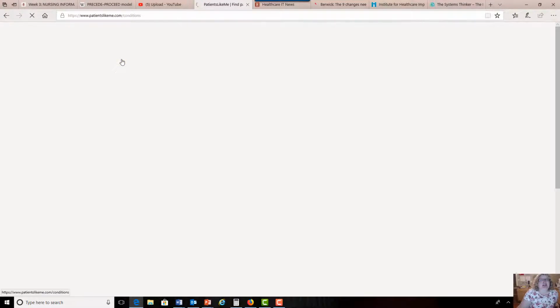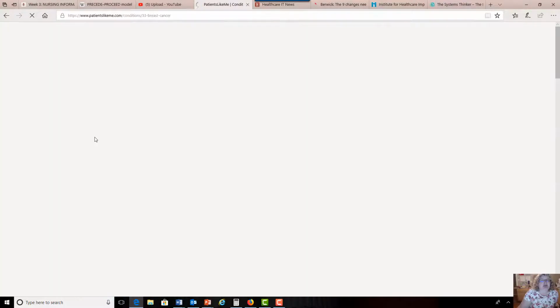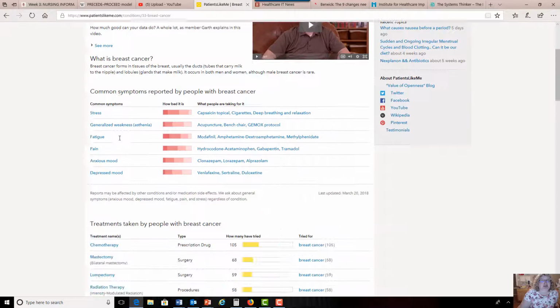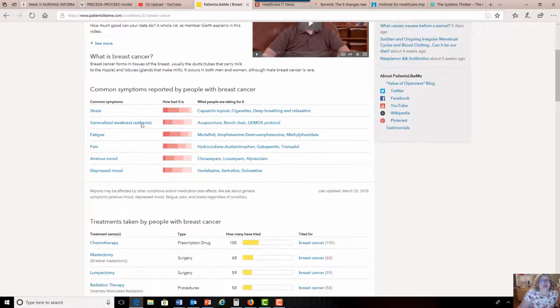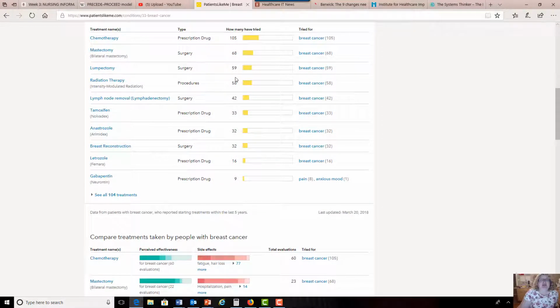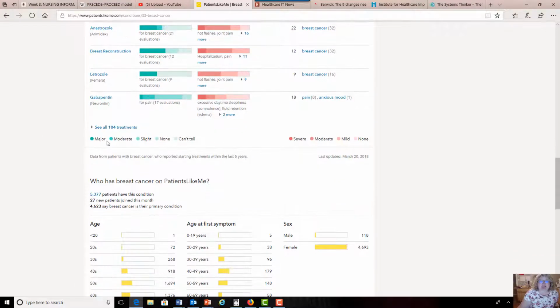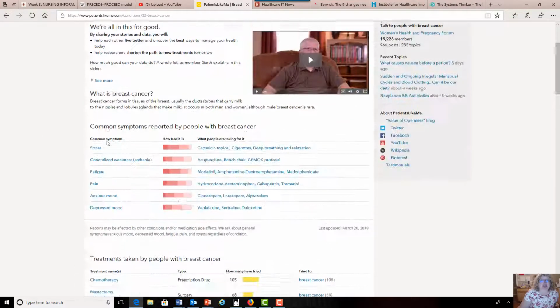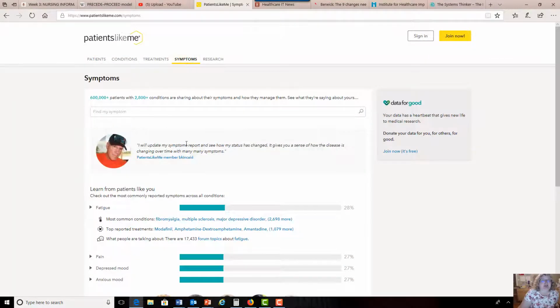You can select by condition, like if you wanted to look for breast cancer, and it'll show common symptoms, and how many people have tried all these different treatments. So it gives some really good information overall to provide patients with information about different treatments.